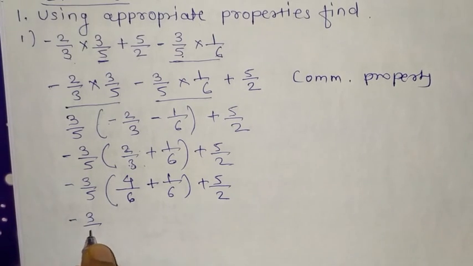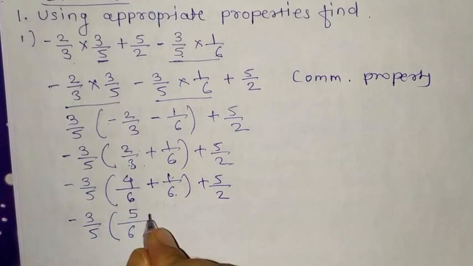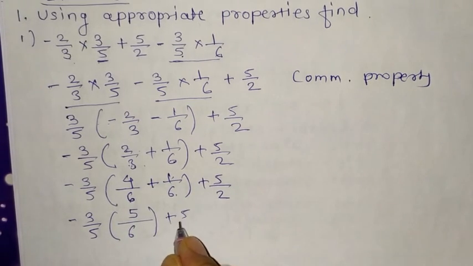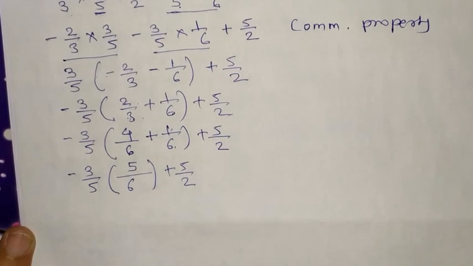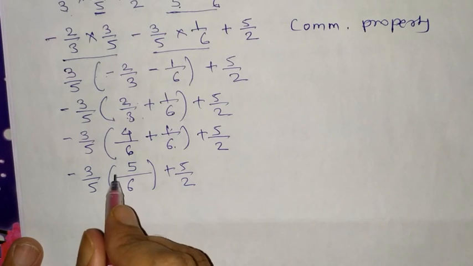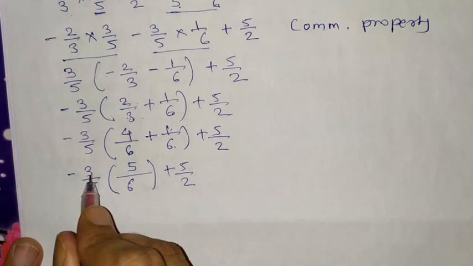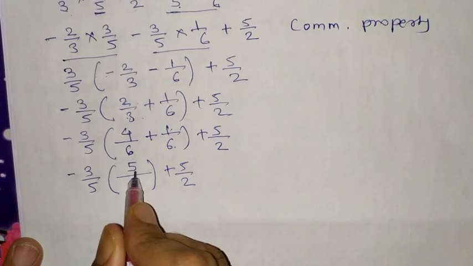Next, minus 3 by 5. Here both sides 6 is there, so you simply do addition, 4 plus 1, 5, plus 5 by 2. Next step. So here we have the bracket, and it means minus 3 by 5 into 5 by 6.